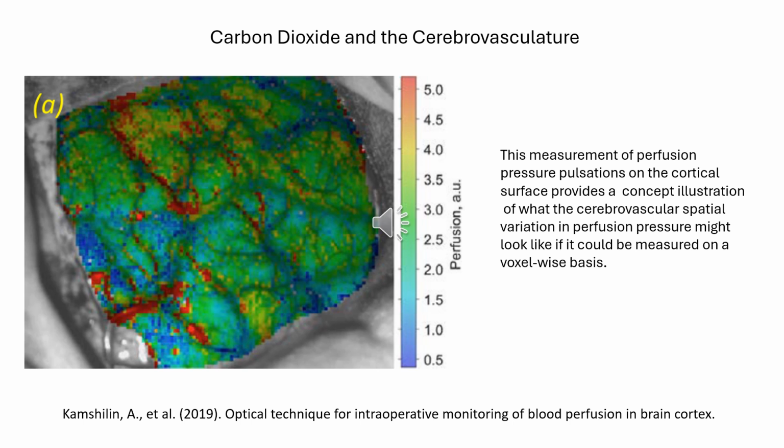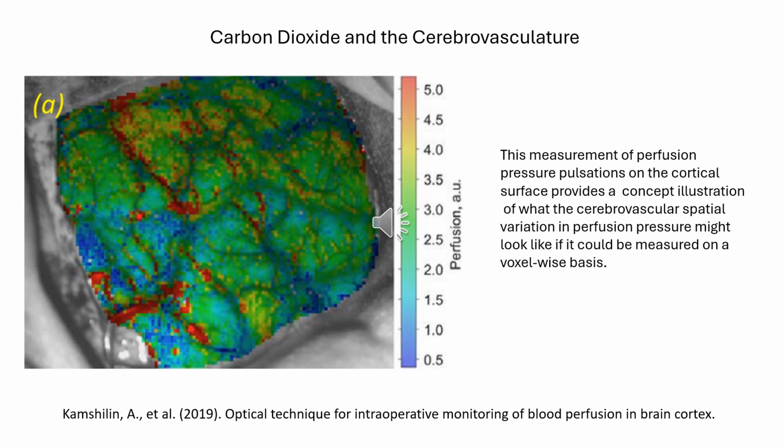Consequently, perfusion pressure losses occur throughout this complex vascular network, and they increase as CO2 tension rises. One can imagine what a voxel-wise map of the distribution of local perfusion pressures might look like under these circumstances. Such maps would vary with the CO2 stimulus, with a response time characterized by a time constant of redistribution.